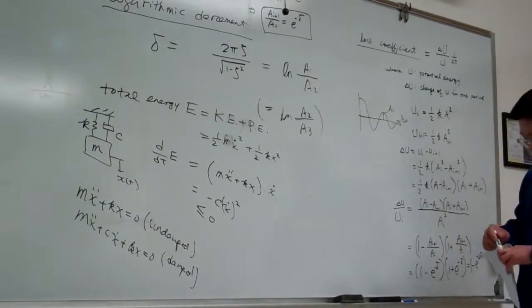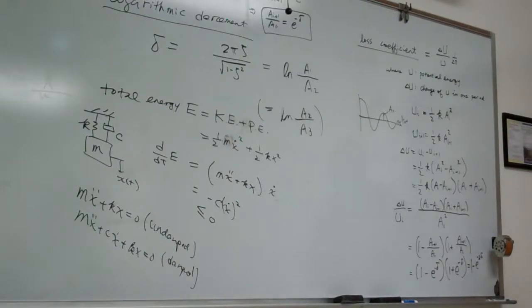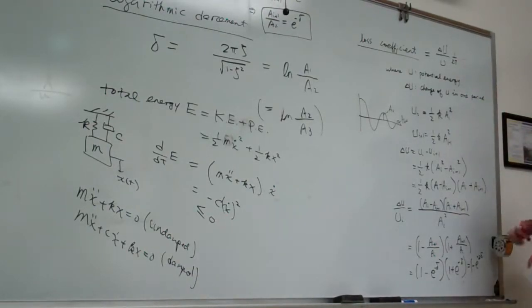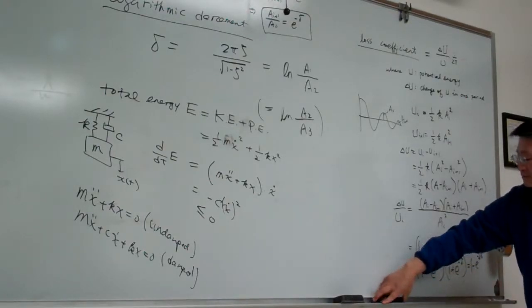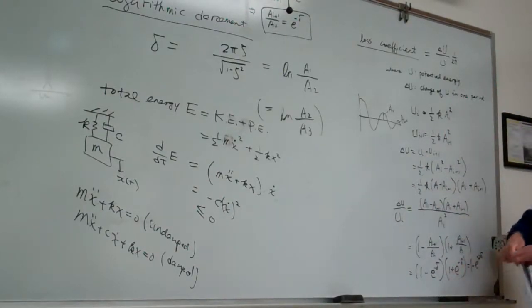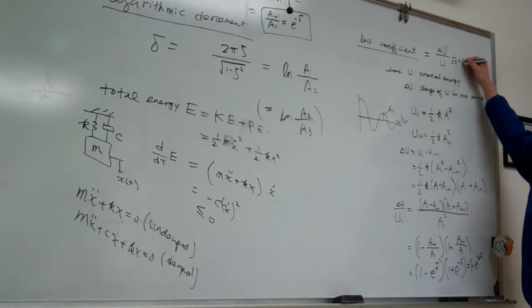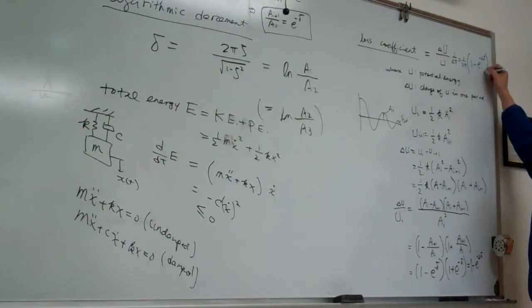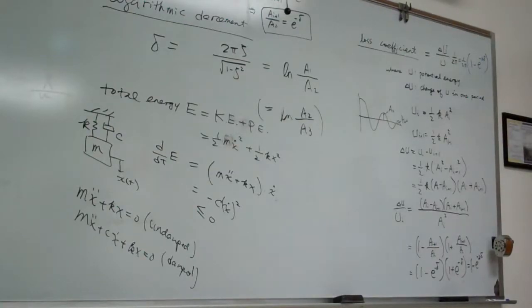From here we have the information we can put into here. So basically that is 1 over 2 pi times 1 minus e to the minus 2 delta. Okay, so that is the calculation.